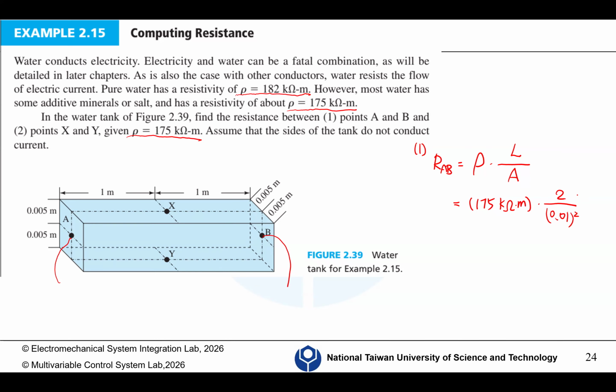Let's look at the units. The unit of 2 is m because it is length, and the unit of the area is m squared.